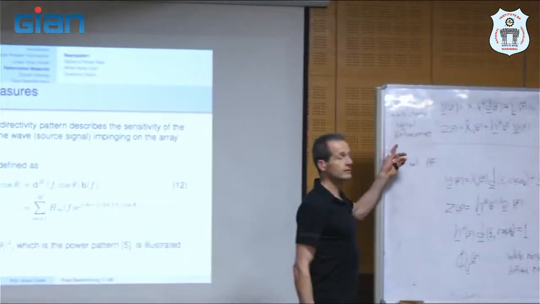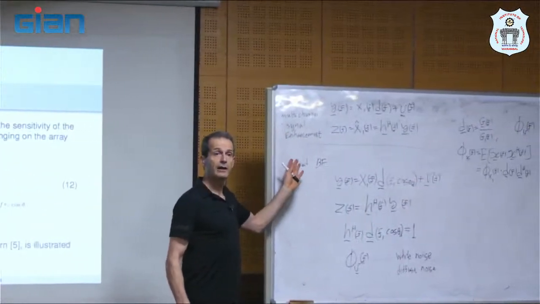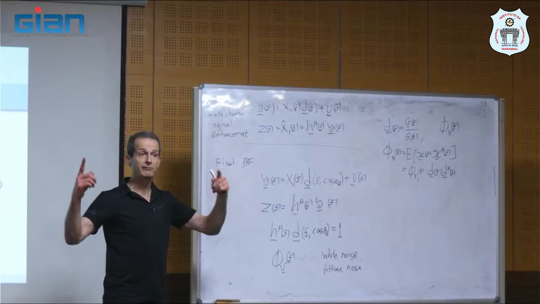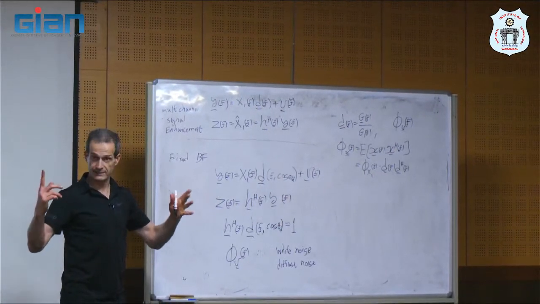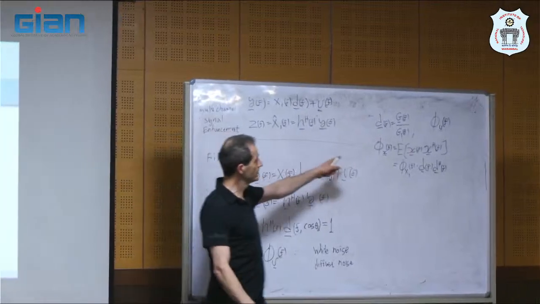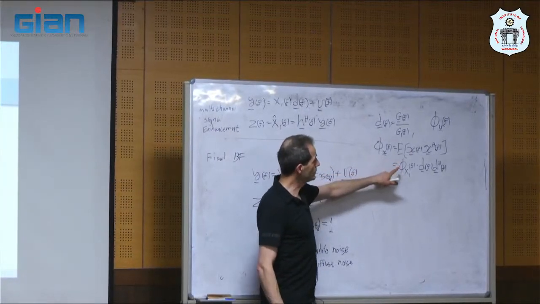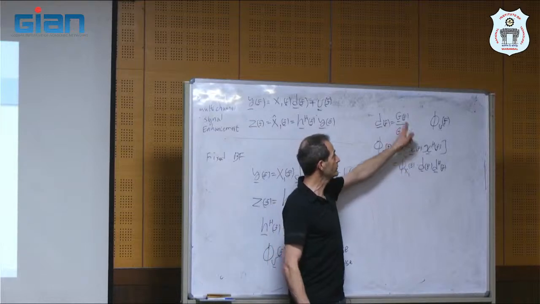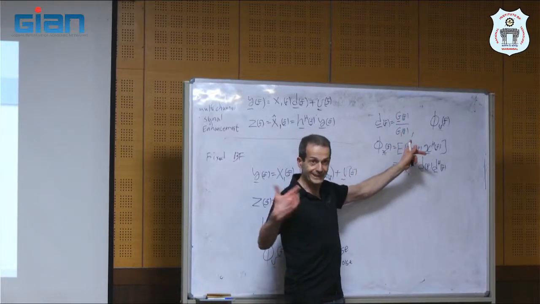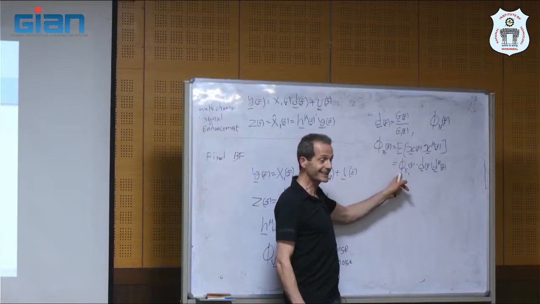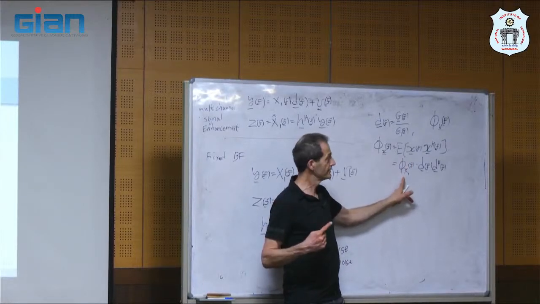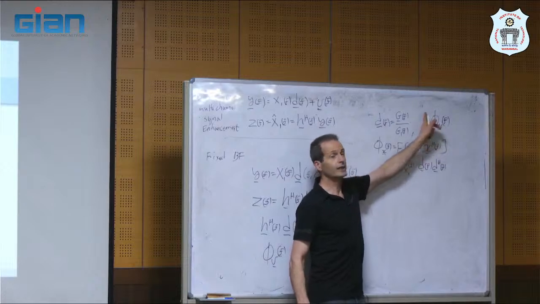Because there, performance measures are for a certain given environment and for given signals. We know not just the relative transfer function, which requires knowing the environment, but also the variance of the desired signal in the reference channel, and the correlation matrix.